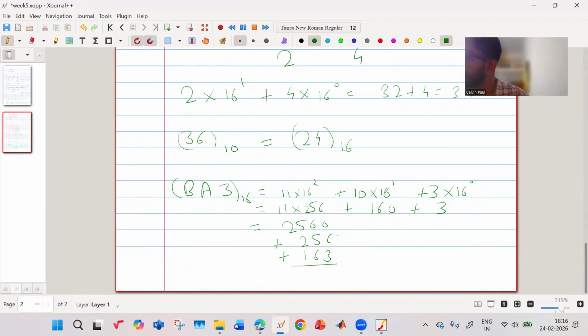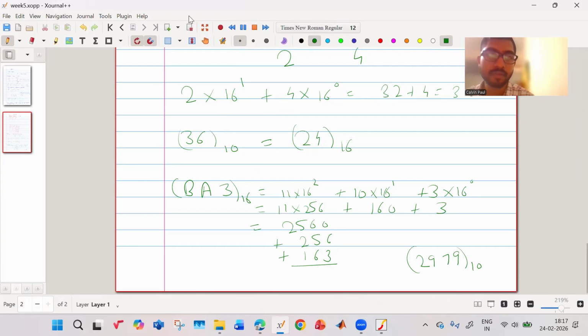When you add it, you get 2979. So the number 2979 you could represent using BA3 in base 16.